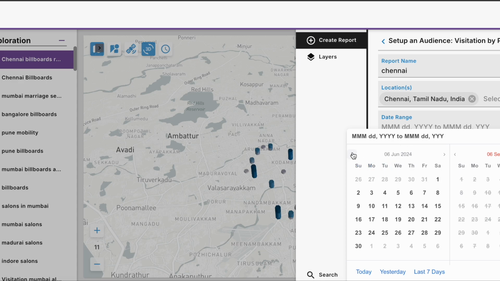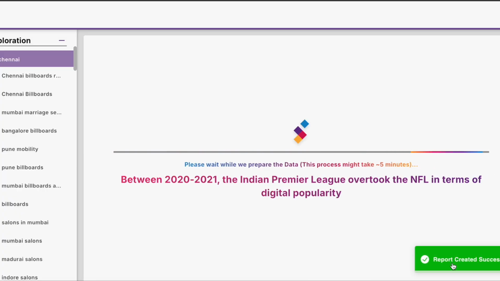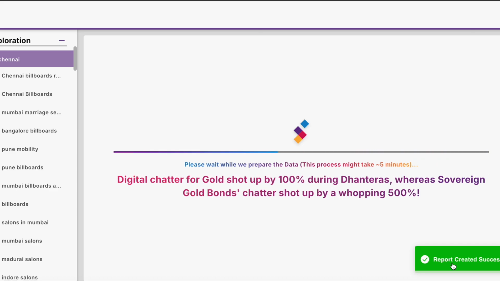So let's go back. I'm going to take the first week of June in this case, and run this audience report. What you will now see is Sherlock taking a few seconds to process all of this data for that entire week of June, overlaying all of those visitors at those points of interest to understand who was there and how many people were there.